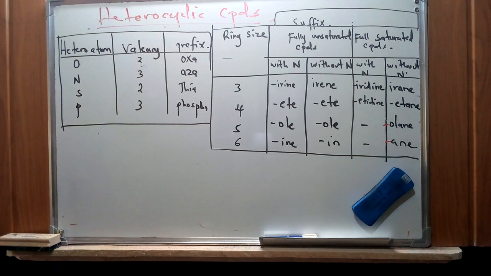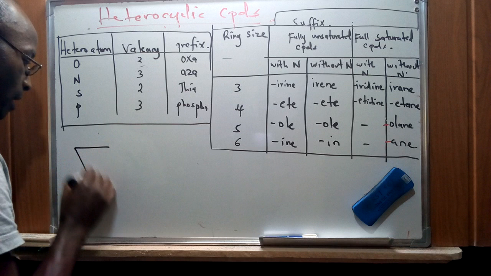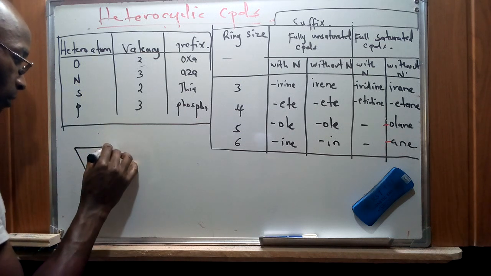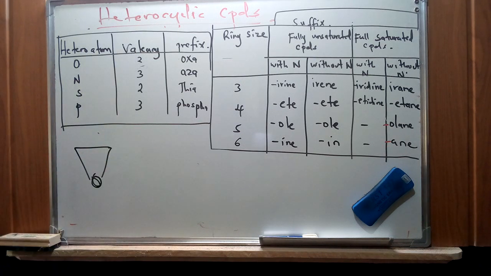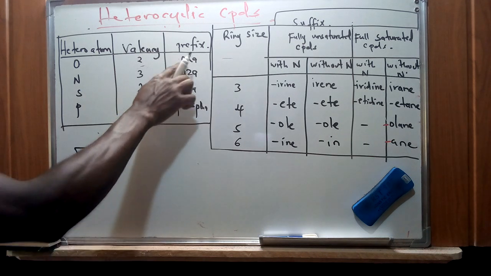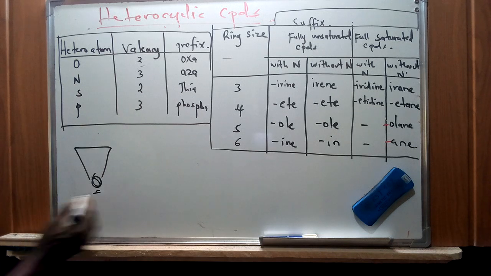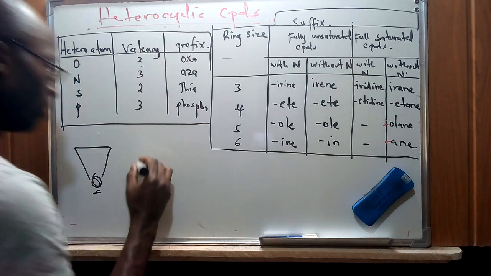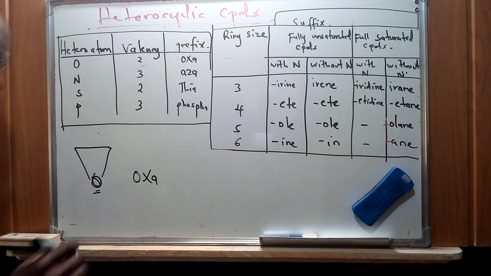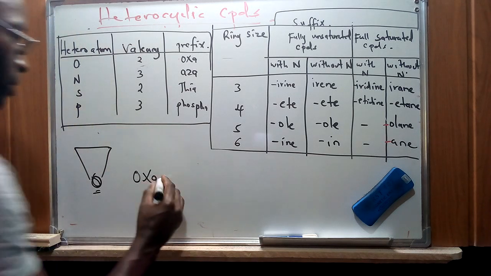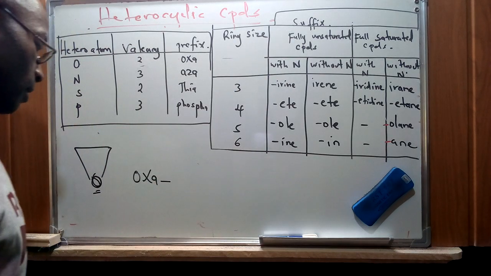Now for instance, if we have a hetero compound, now that we have understood what it is, we're going to consider from this table what kind of prefix we're going to attach to it. It contains oxygen, therefore it's going to be oxa for the prefix. And then we're going to look at table 2 for the suffix.